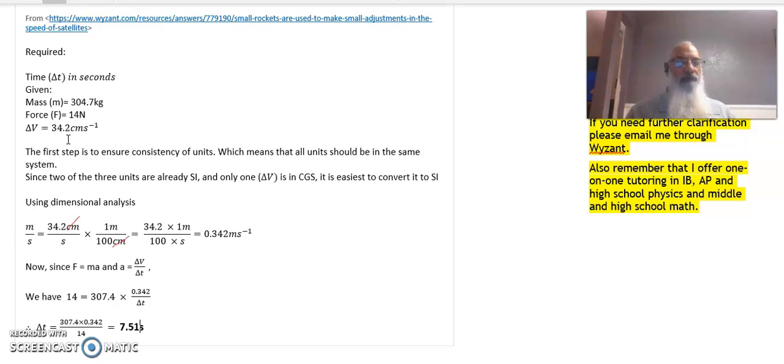And then after we converted units, we kept the three significant digits, so that's fine. But the significant digits of the least accurate are two. So two significant digits, which means that we will remove the one from here, and our correct answer would be 7.5 seconds.